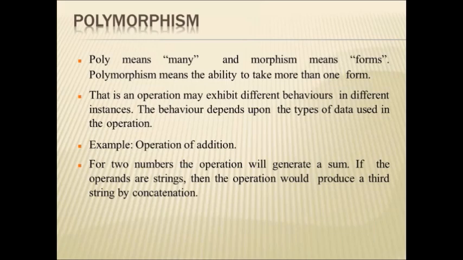The same plus is used for adding floating point numbers. The same plus is used for adding strings also, in the sense of concatenation. So the single plus can be used for different operations. That is achieving different behaviors by using a single interface, that is known as polymorphism.